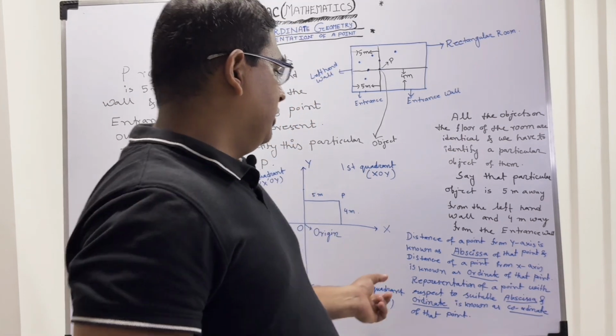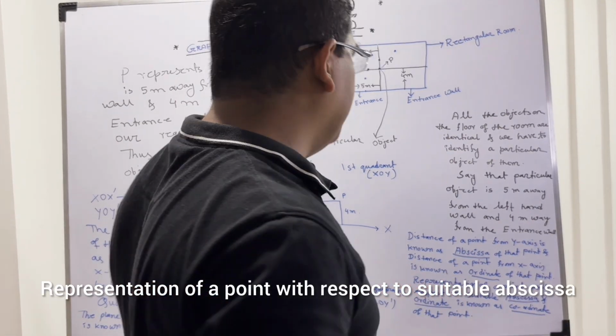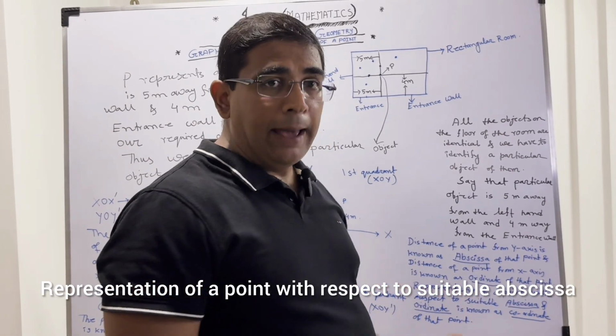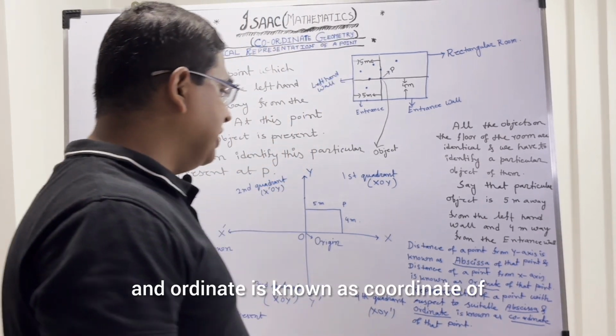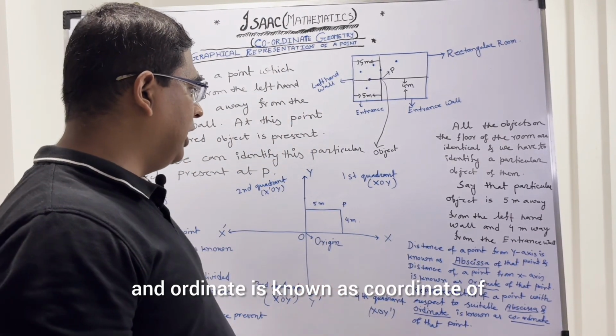Okay, representation of a point with respect to suitable abscissa and ordinate is known as coordinate of that point.